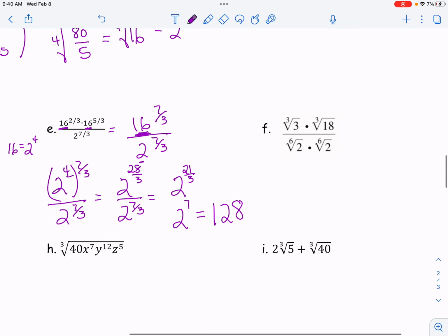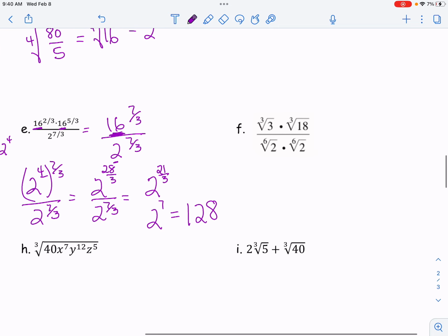So you keep simplifying until you cannot simplify anymore. If you need to switch up with exponential rules and rational rules, then you need to keep changing it until you cannot simplify anymore. So the indexes are the same on the top. This is the cube root of 18 times 3 is 54.